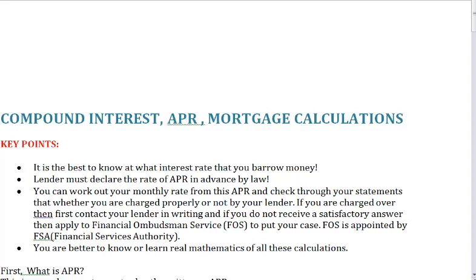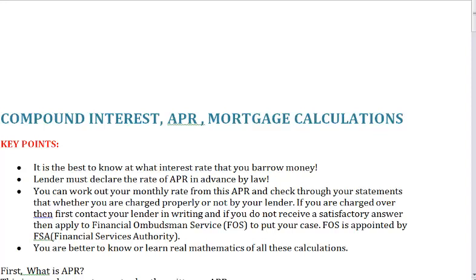Sometimes companies put their charges higher, because if they put a 1% extra charge per month, consumers or borrowers cannot understand how this is happening. That's why I wanted to start with the key points first of all.